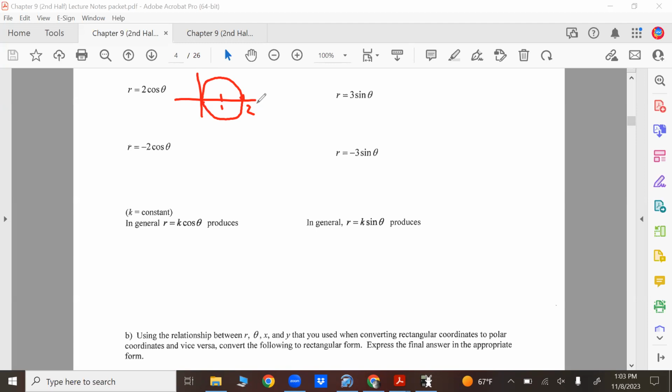Okay, so again, another circle. Center is now at 1, 0. Diameter lies on polar axis. Radius is 1 now.